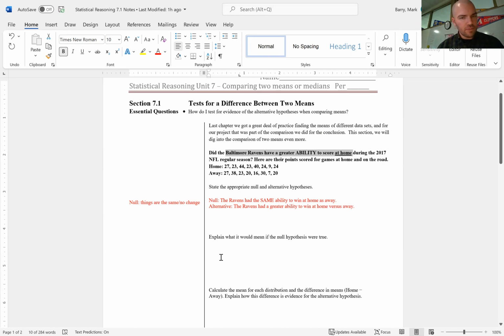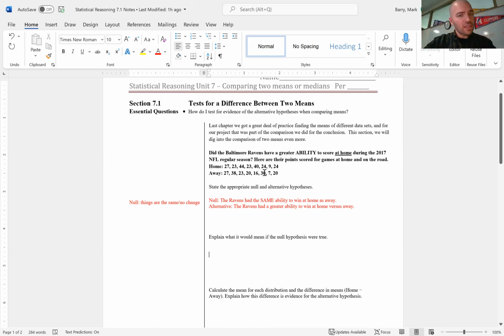Okay, next question. Explain what it would mean if the null hypothesis were true. Okay, so if the null hypothesis were true, like it says in the null hypothesis, the Ravens had the same ability to win at home as away. But to kind of expand on that, because even if we saw a difference here, this is only 8 games at home and 8 games away. So it's not a ton of games.